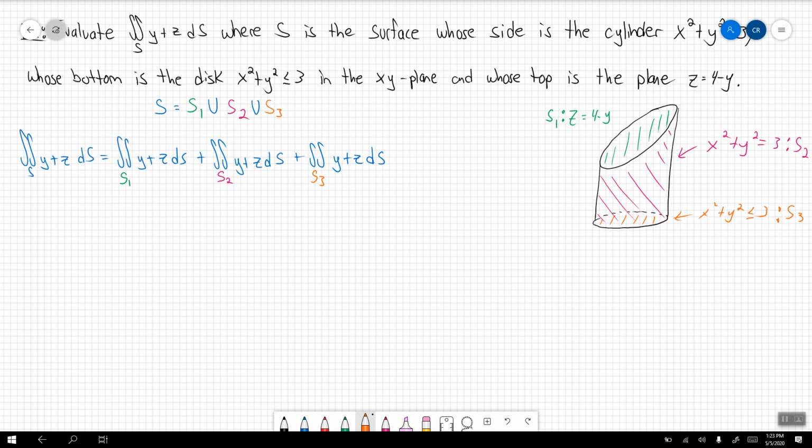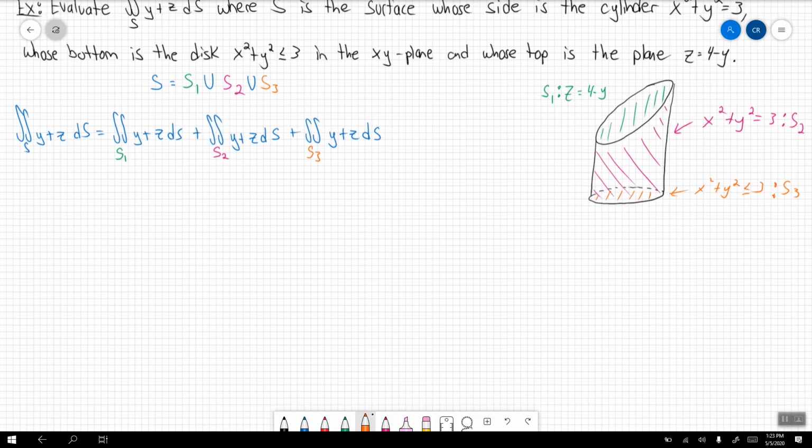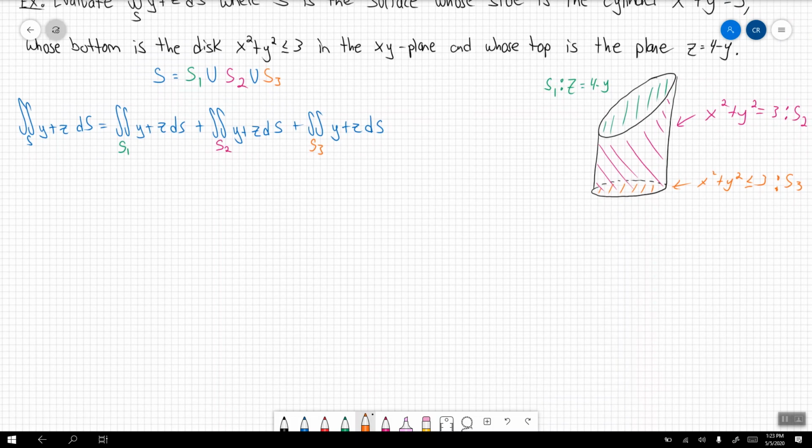Anything like that. We then need to figure out how we're going to go about this. Let's begin. We're going to start from surface 1, then we'll go to surface 2, surface 3, and then we'll put this all together. So let's go with surface 1.